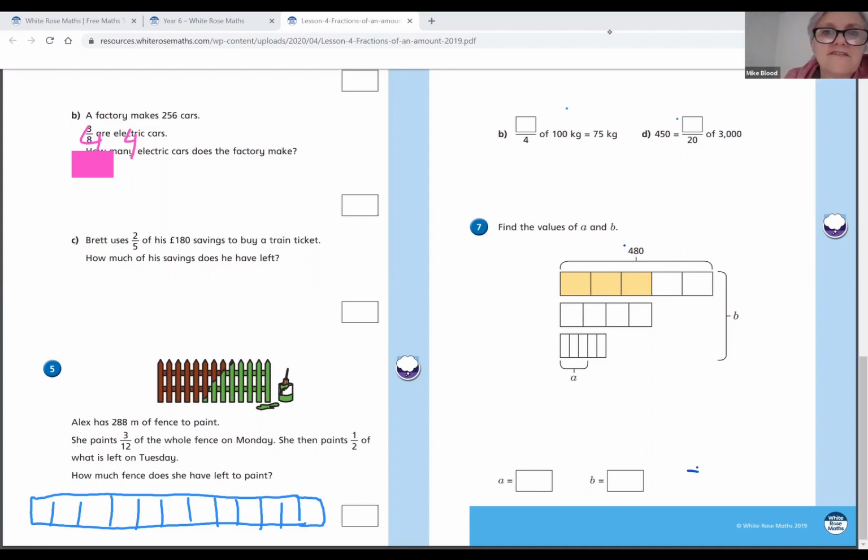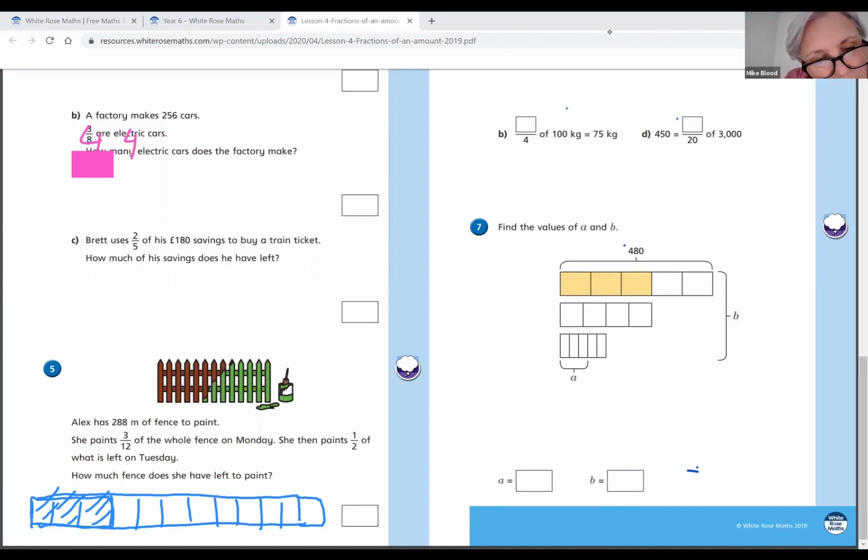And she paints 3/12. So she paints 1, 2, 3, and that's Monday's work done. 3/12 done. Then she paints half of what's left on Tuesday. The whole thing is 288, don't forget. She paints half of what's left.